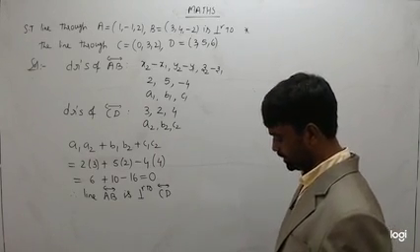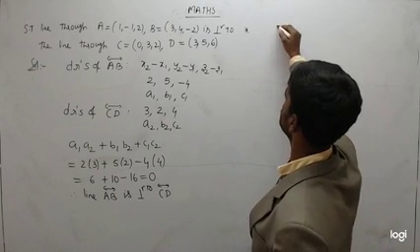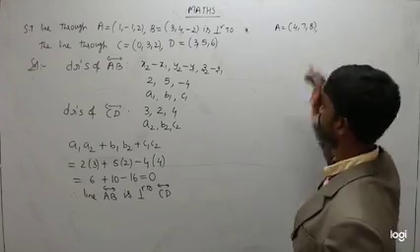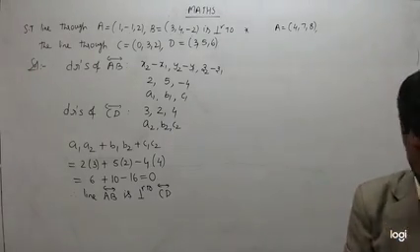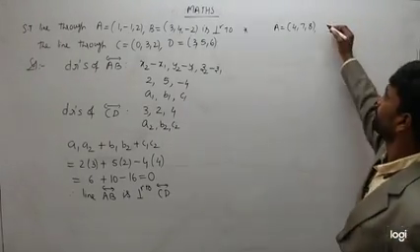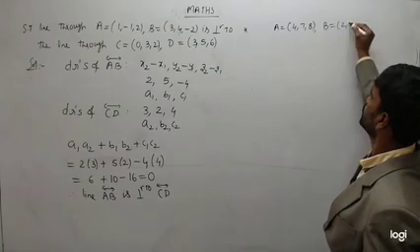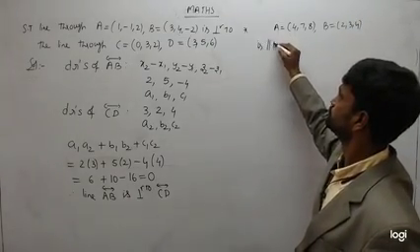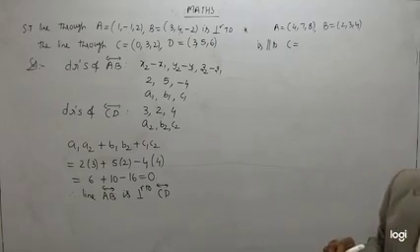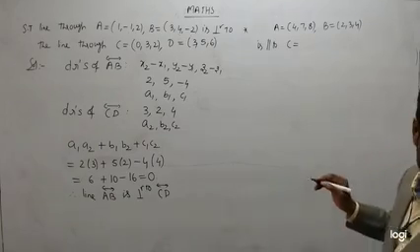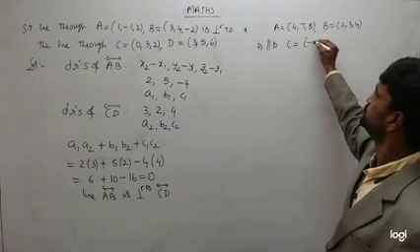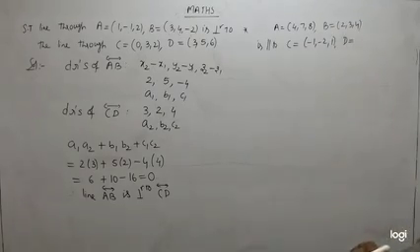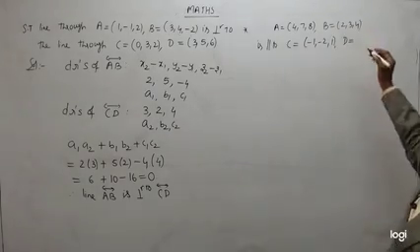Show that the line passing through the points A (4, 7, 8) and B (2, 3, 4) is parallel to the line passing through the points C (minus 1, minus 2, 1) and D (1, 2, 5).